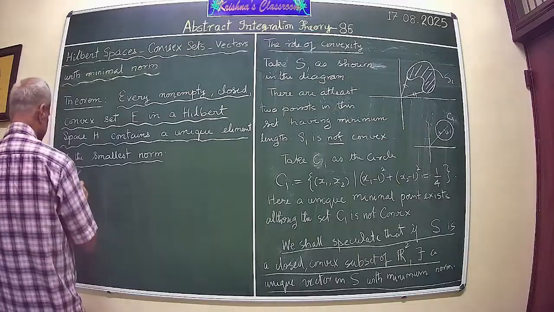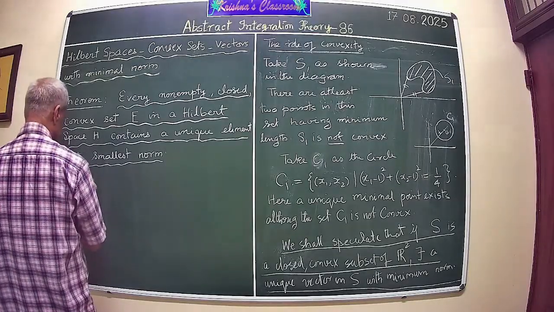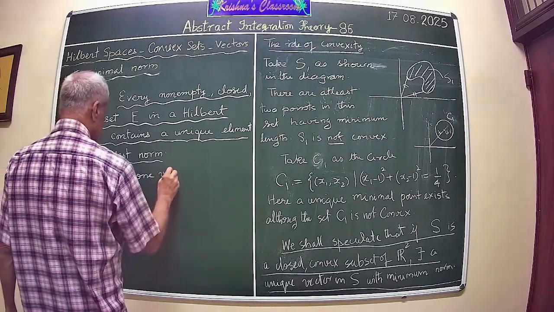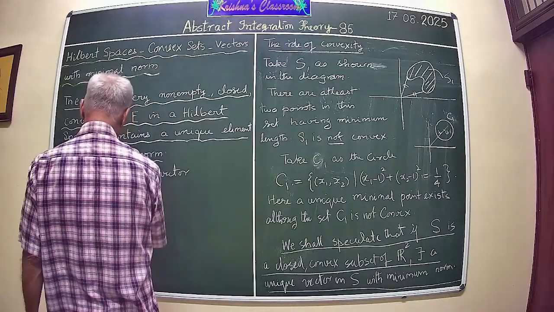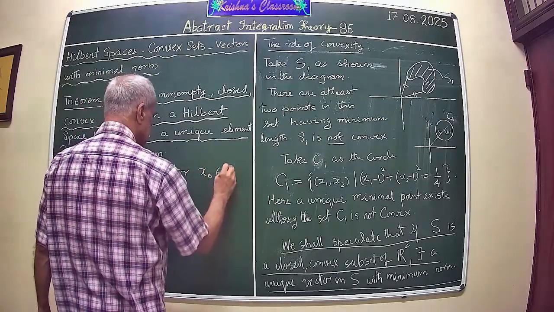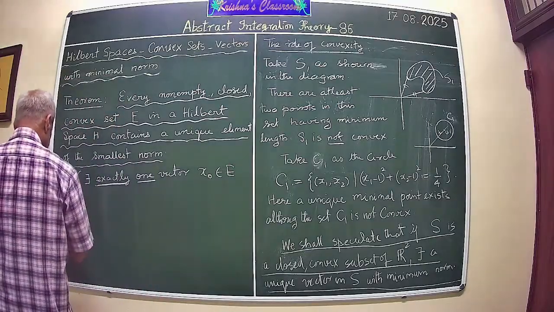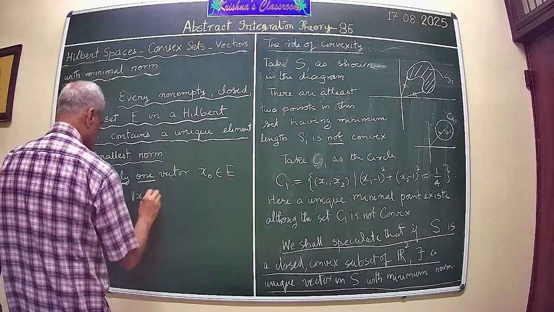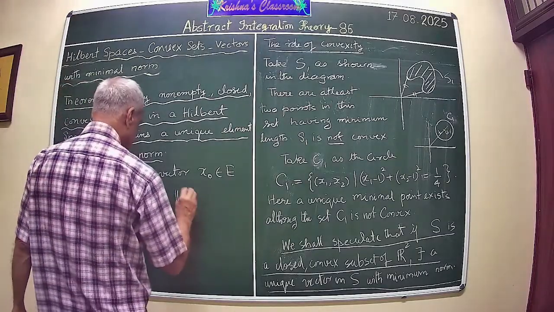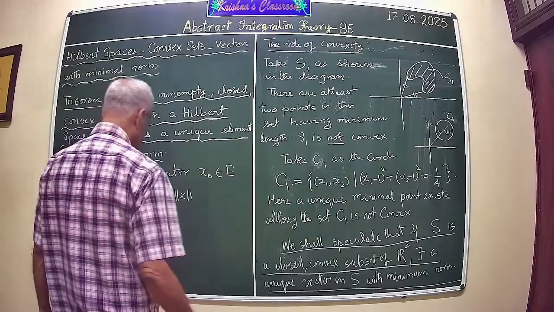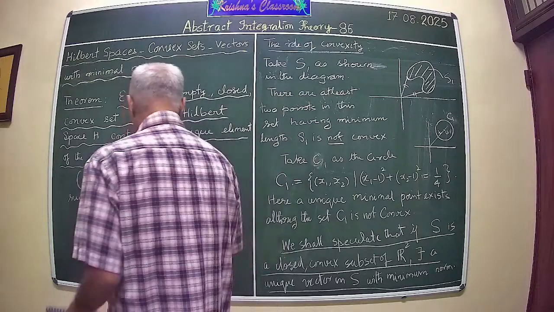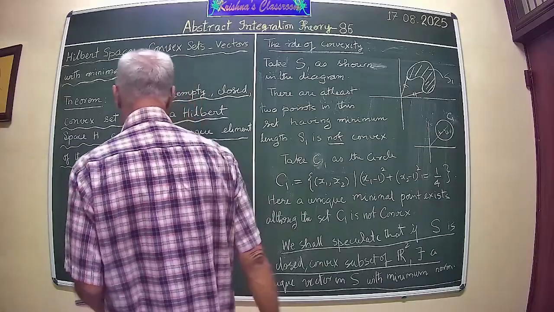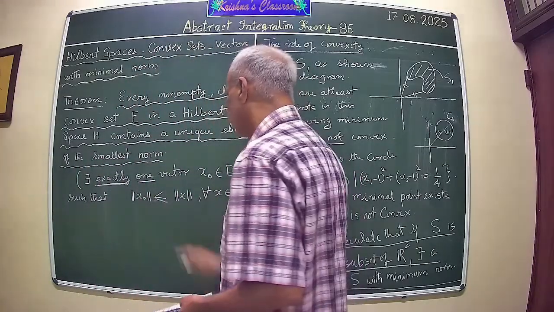I mean, this means the following. Belonging to E. Not only that, x dot is the smallest one.